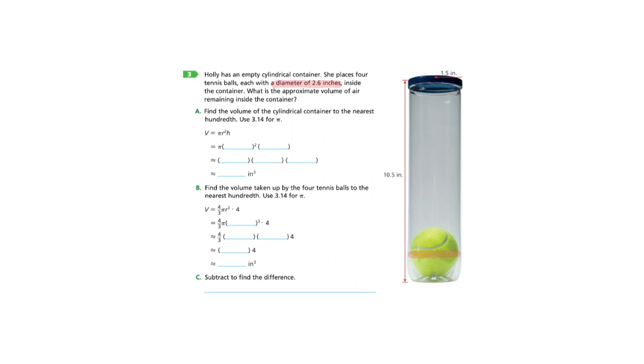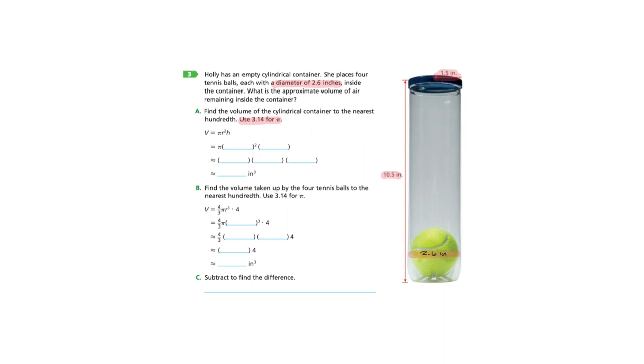Inside the container, what is the approximate volume of air remaining inside the container? They want you to use 3.14 for pi. They also show you the height of the container is 10.5 inches, and the radius of the container is 1.5. So if we know that these have a diameter of 2.6 inches, you have to figure out what the radius is.